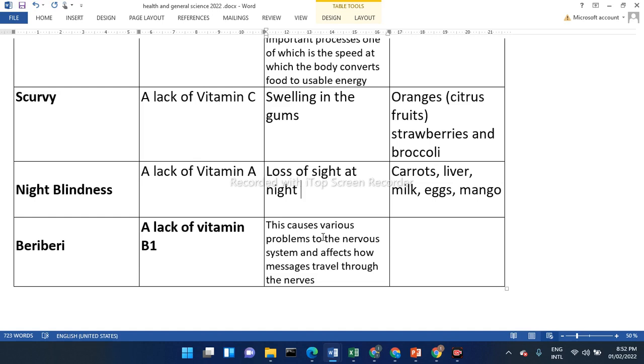They deal with the nervous system and that sort of stuff. So that's why it's important to get your peanuts in, oats, whole wheat, and rice.